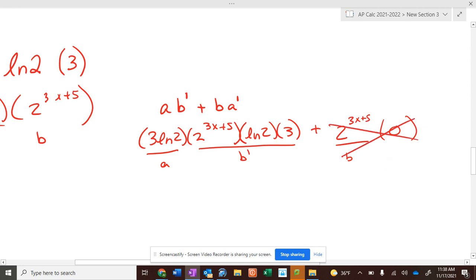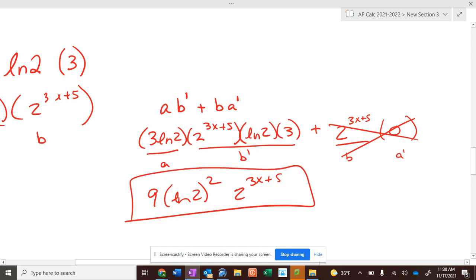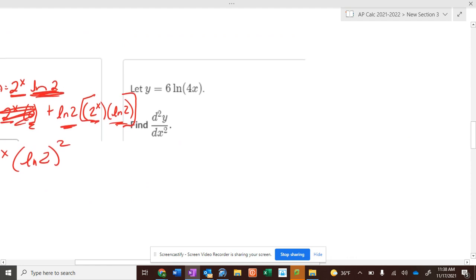So that is nothing. And so this is 3 times 3, or 9, times the ln of 2 squared times 2 to the 3x plus 5 power. Makes sense. I'm ready for this AP test.